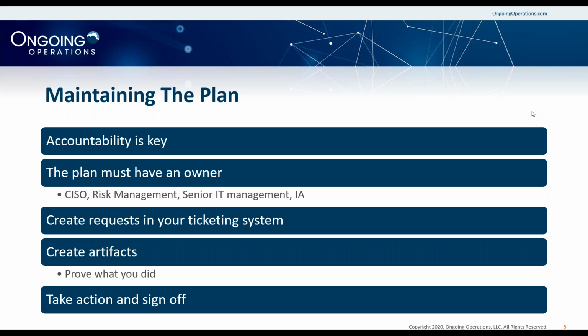That way, when you're asked to produce and prove that you've done this, you can do your query, export the artifacts, print out your ticket, and your examiners, auditors, board, and management can see that all of this was done and the actions that you took during these governance items. And again, take action and sign off. If you find an anomaly, right, document that, make sure that there's a clear follow-up plan, and that someone has signed off on owning that action.